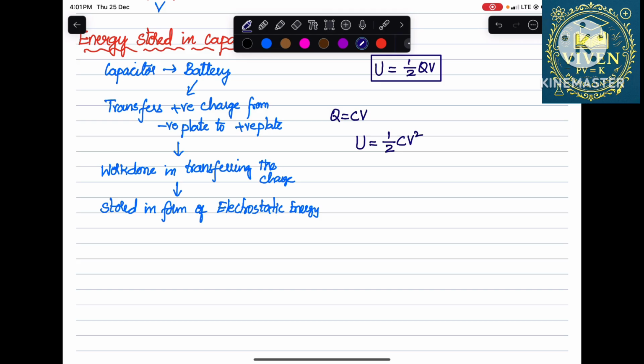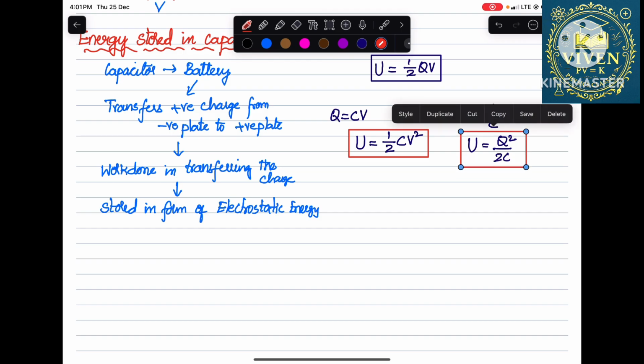And already I have V equals Q upon C, from which I get U equals Q square by 2C. So these are different forms of energy stored. We can use any of the forms for finding the energy stored in the capacitor: half QV, or half CV square, or Q square by 2C.